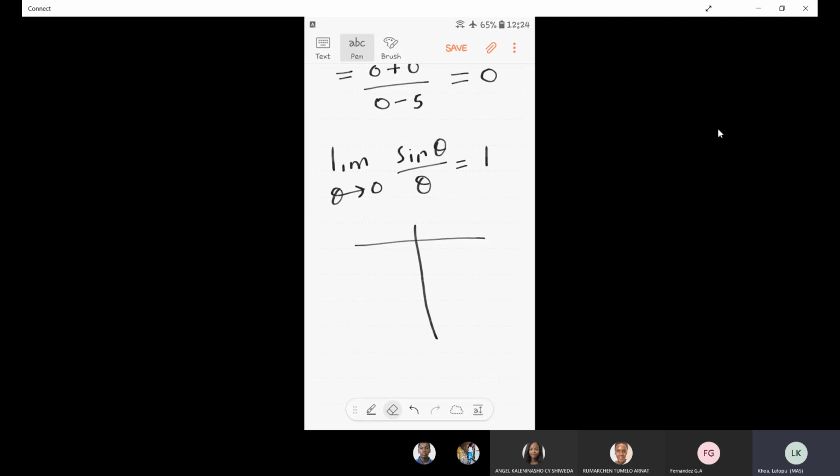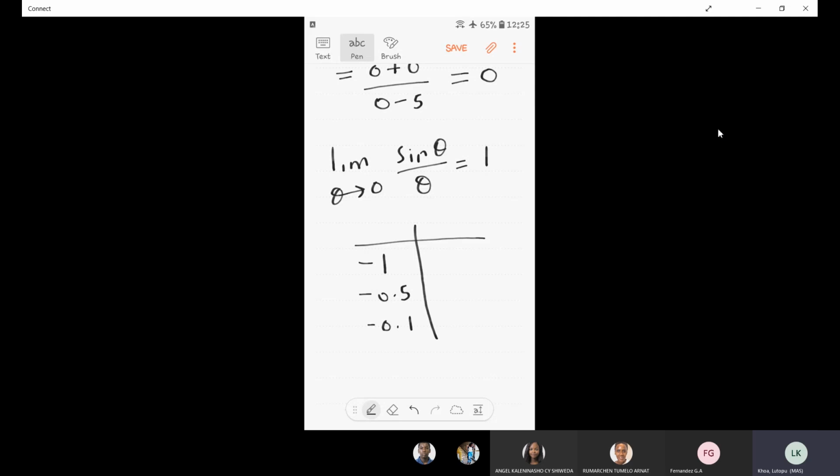So you can see this is of the form 0 over 0, but we cannot really simplify this one for now. So what you must do is pick values. Start with -1, -0.5, -0.1, and so on.